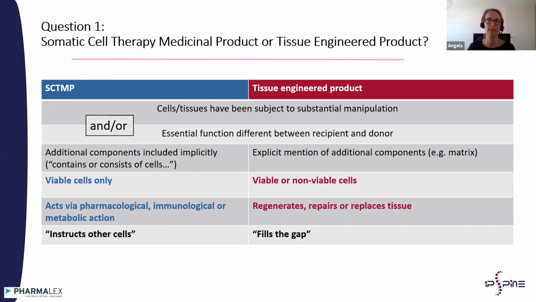So most tissue engineered products will also have some pharmacological or immunological action, talking or cross-talking to the patient's own tissues, whereas the somatic products often also will, to some extent, maybe cover a tissue defect. The question is also, is always where to place the focus, and if you try to explain the mode of action of your product to somebody, where would you see the major role?